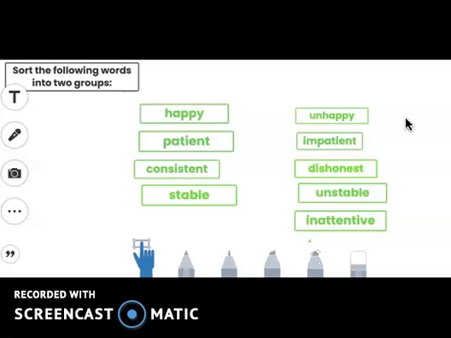So this would be a springboard for kids to start noticing that, oh, these prefixes like un, im, dis, in, again, all mean not, right? Not happy, not patient, dishonest. Just another way for kids to start weaving their thinking and their understanding of how the English language works.